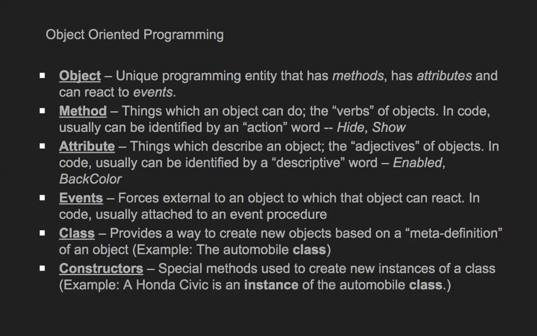What is the color of the seat? If we say it is a variable, what is the color of the seat? If it is brown, we'll make it brown. So these attributes will be contributing to the method and the method will be contributing to the object. The combination of methods and attributes along with the events will be the object.